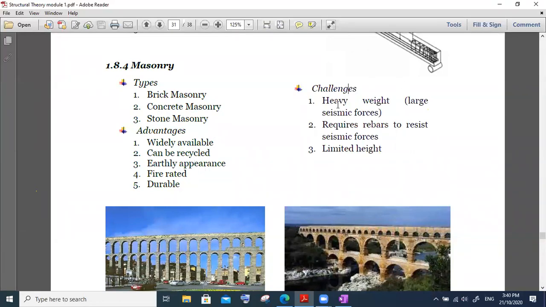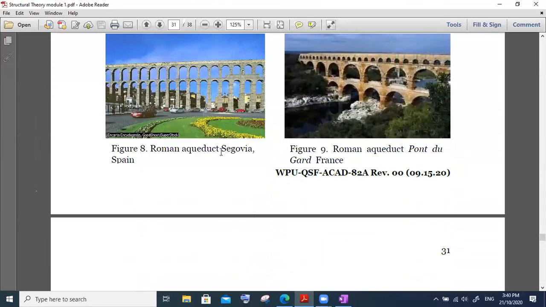Yung challenges nito, heavyweight siya. Lalo na kapag nag-fail, kapag may lindol. Requires rebars to resist seismic forces, so kailangang maglagay pa rin ng rebars. And limited yung height kasi pag sobrang taas na, pwedeng syempre mag-fail to siya. Hindi naman kasi siya dugtong-dugtong, grout lang yung nagdudugtong sa kanila.